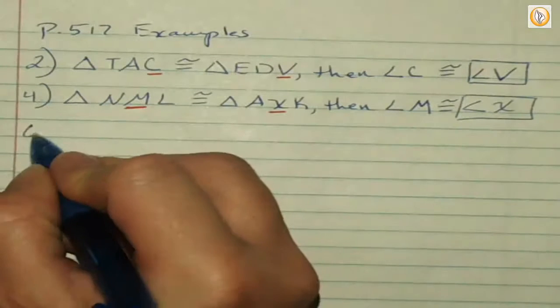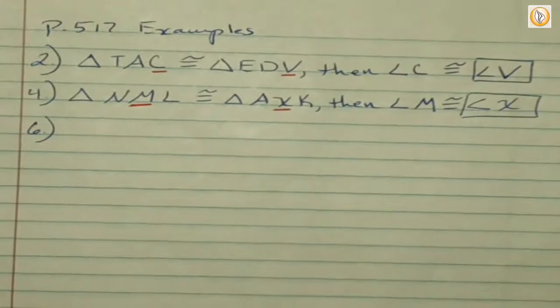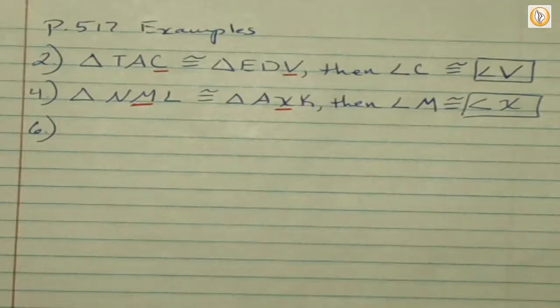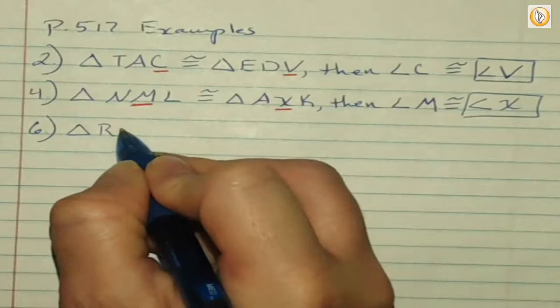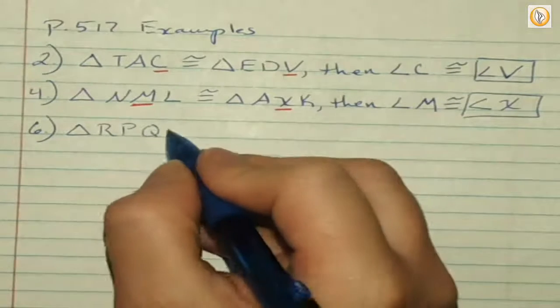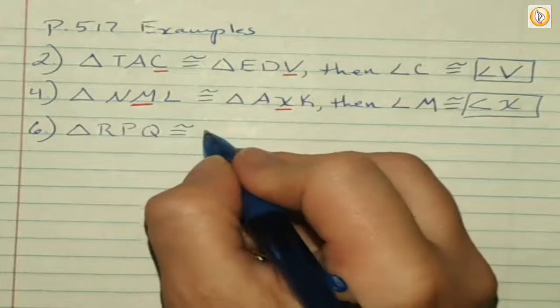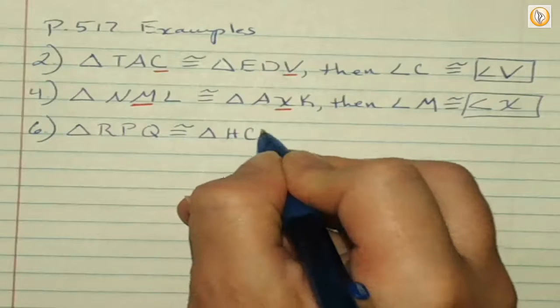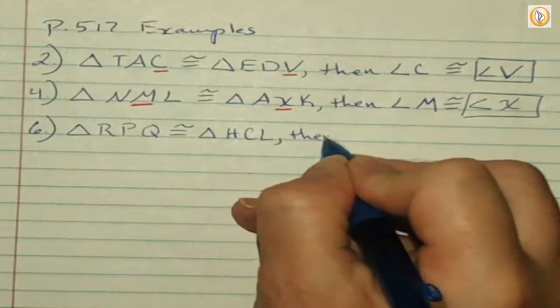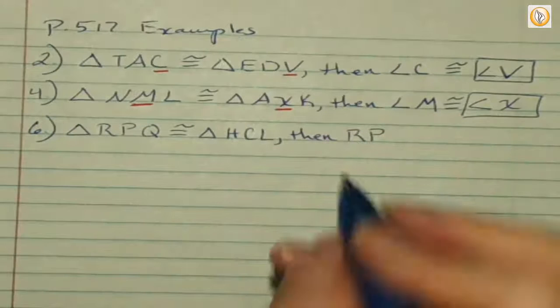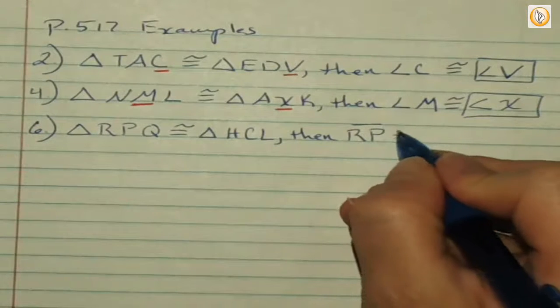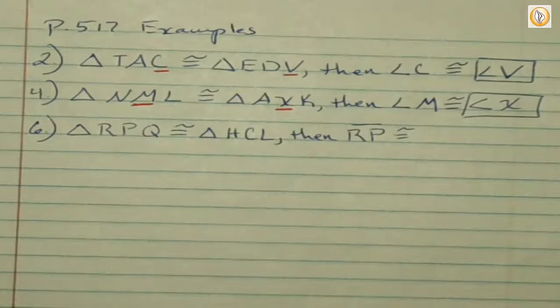Let's look at 6. Any questions about that? Triangle RPQ is congruent to triangle HCL. Then side RP is congruent to which side? If they're looking for the congruent side to RP, Izzy?